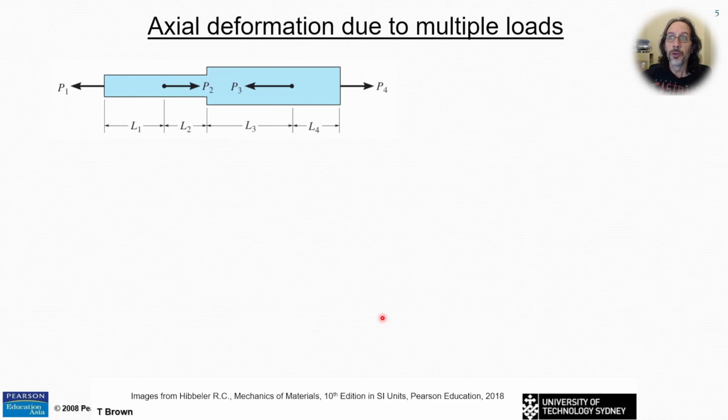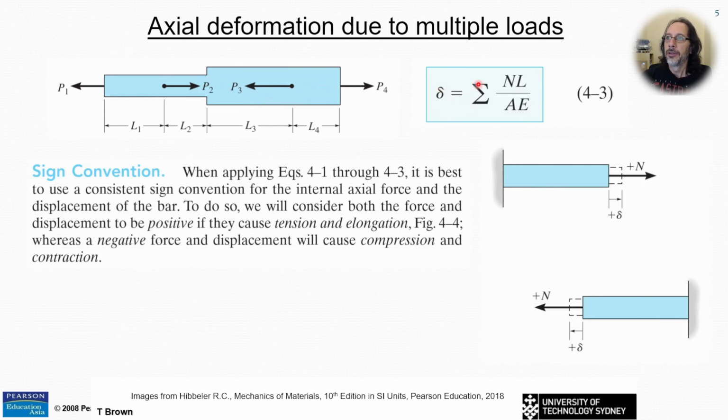All right, what if we have multiple loads? Then we can just add up the displacements or the deformation for each part of the component. So just the sum of NL over AE. We look at the internal force for section L1 times its length over the area and the Young's modulus. Then we look at the internal force in section L2 here.